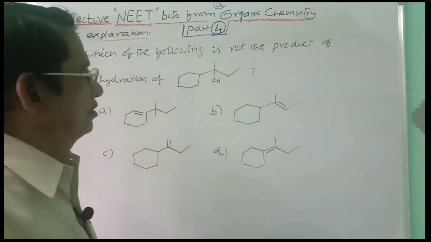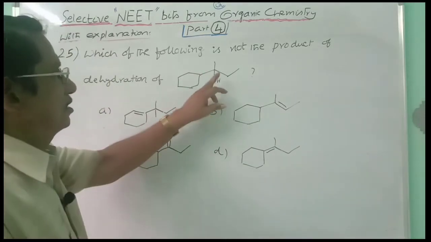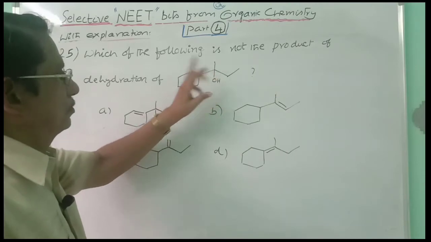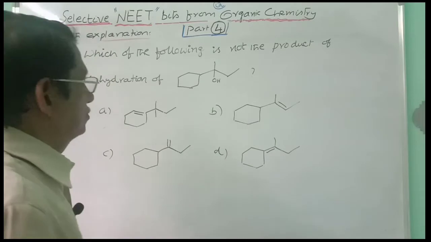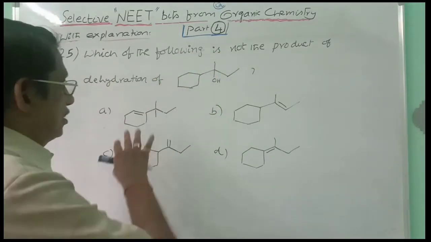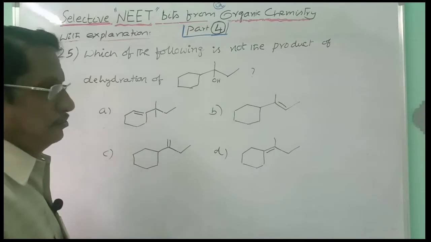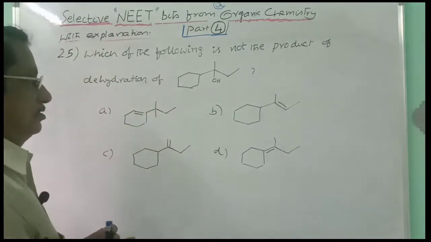This is the compound given. This is of course an alcohol, and this carbon is carrying 1, 2, 3, 4 groups. So this is a tertiary alcohol. A tertiary alcohol is given for dehydration. What is the dehydration product? And which is not possible out of all these? Only one is not possible, three are possible. Which is not possible, he is asking.